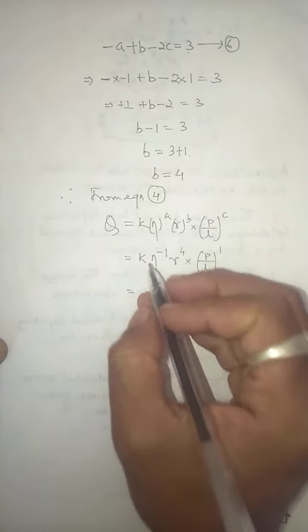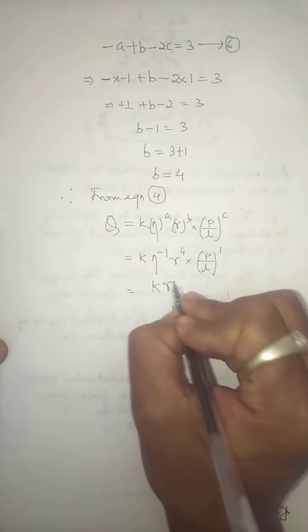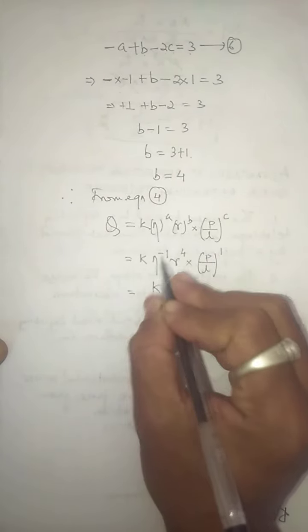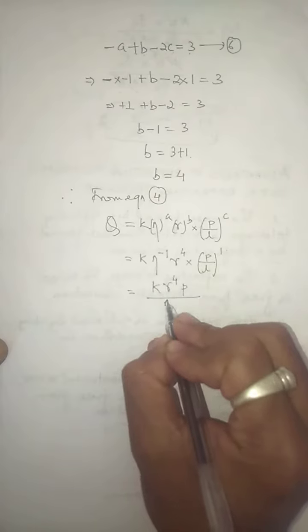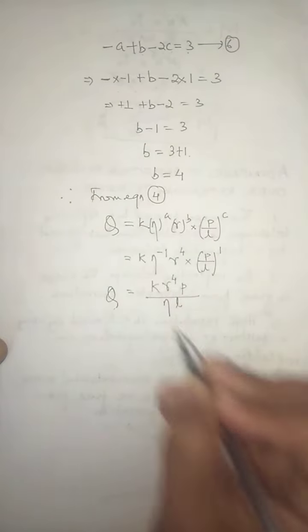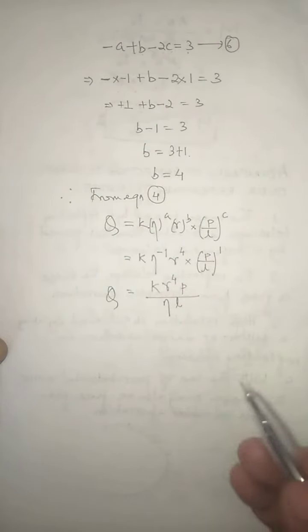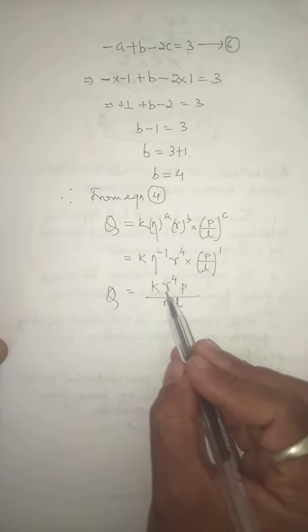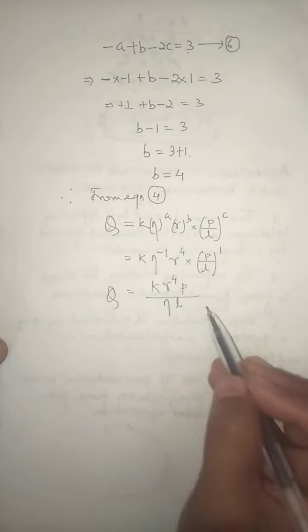Now I can write this expression as K R to the 4, P to the power 1 is P only. Now eta to the power minus 1, if I take it in the denominator, it will be eta, and L is in the denominator with power 1, means L. So Q, the rate of volume of liquid, means the volume of liquid flowing per second, is equal to K R to the power 4 P by eta L.